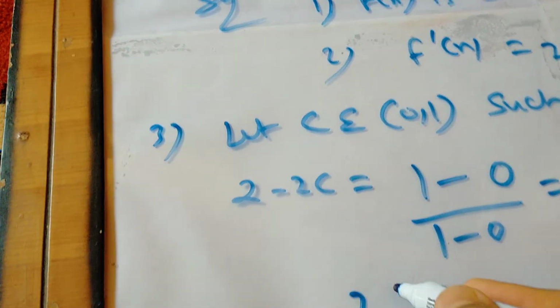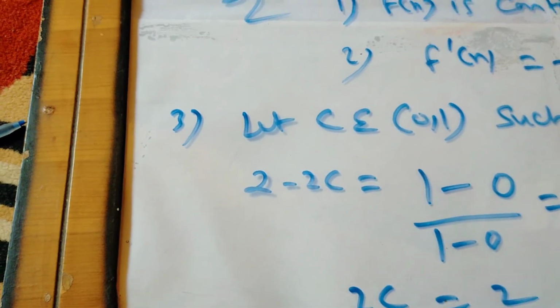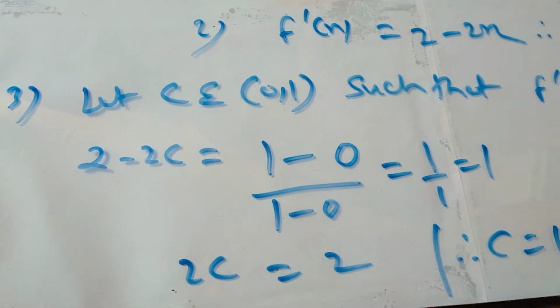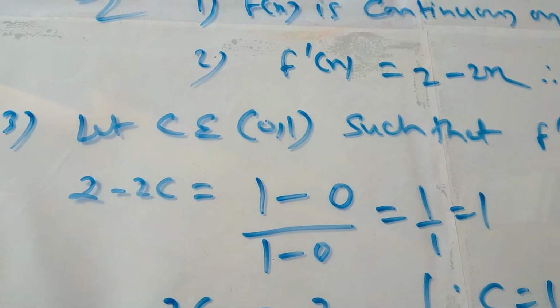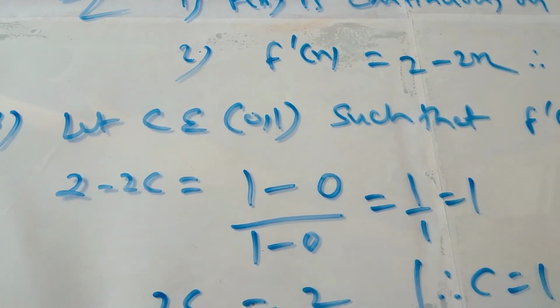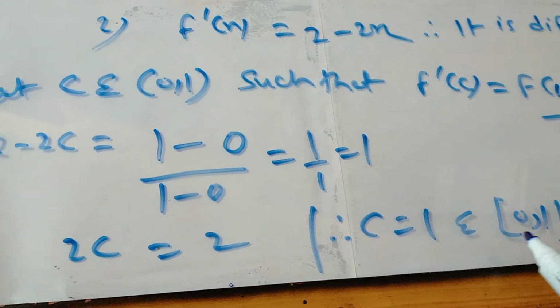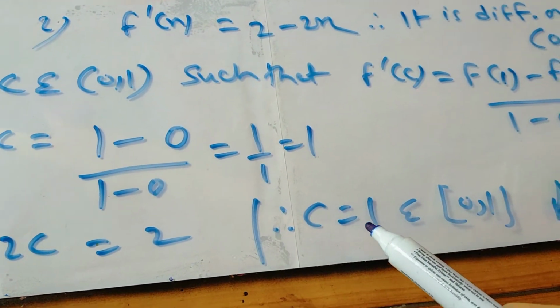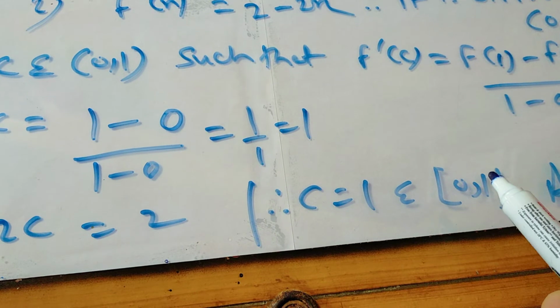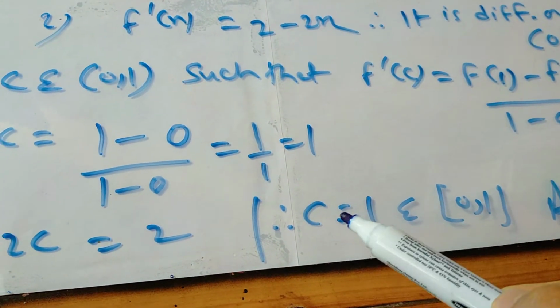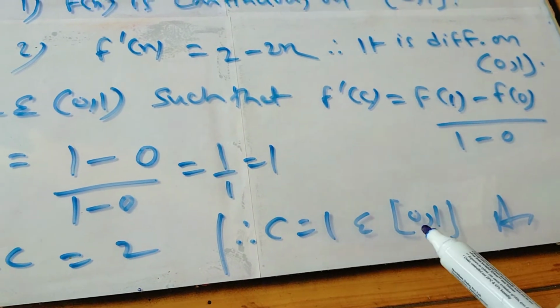So 2 minus 2c equals 1, hmm, the value of c works out as 1 in the lesson's calculation, and this belongs to the interval. The value of c lies in between or at the boundary points. So we have verified that LMVT is verified.